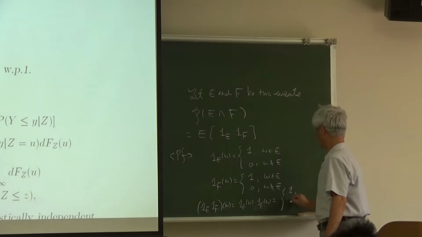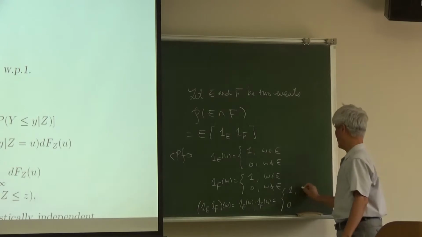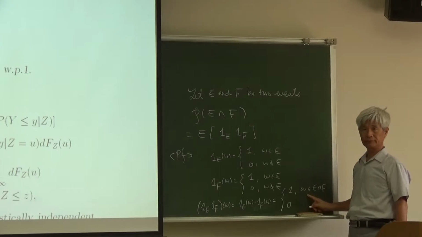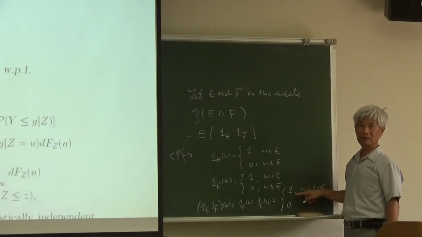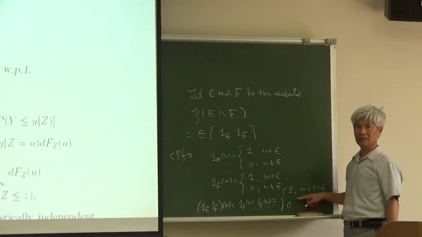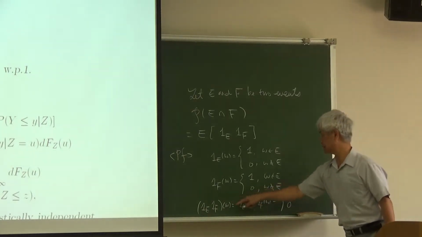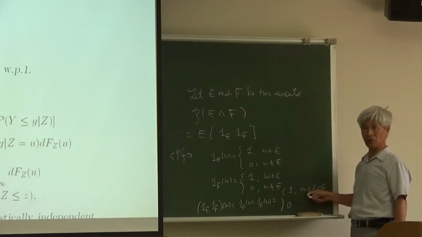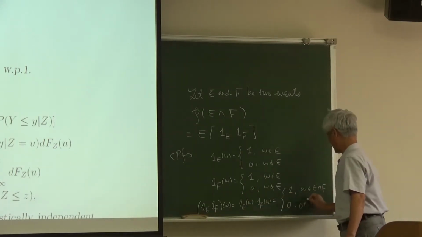We notice it's either 1 or 0, still two values. It is 1 when omega is in the intersection, and 0 otherwise. Only by taking the product of these two indicators does the intersection come to play a role. That is the key observation.